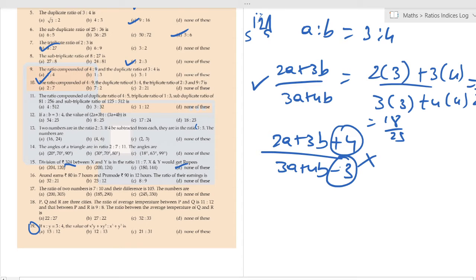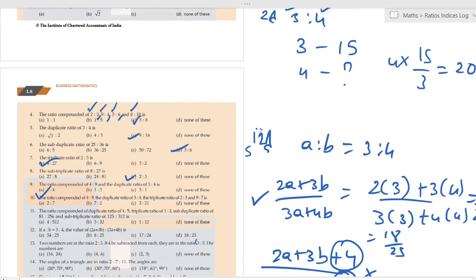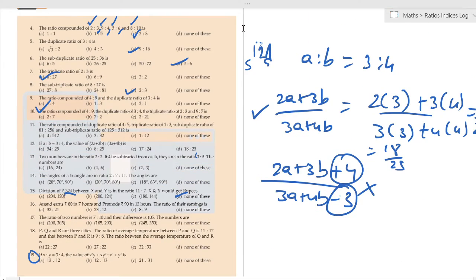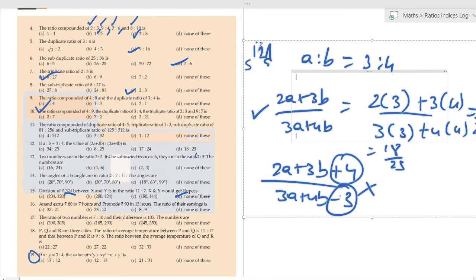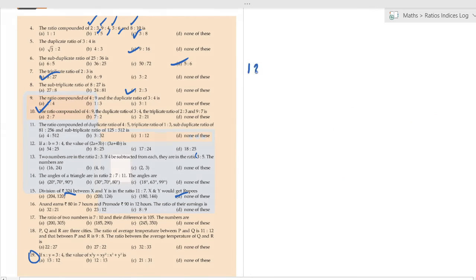We'll see the 13th one. The 13th one is an example of what you have to do if you have constants. Thirteenth one: two numbers are in the ratio of 2 is to 3.